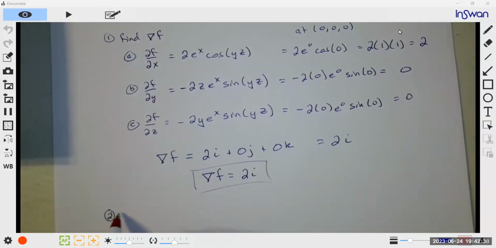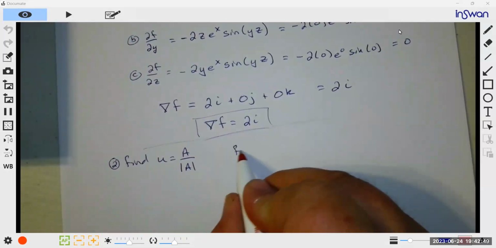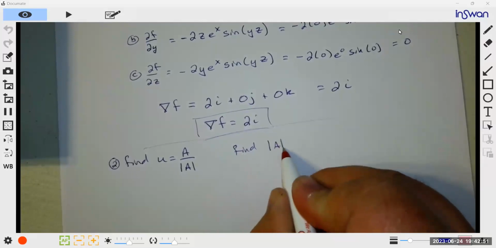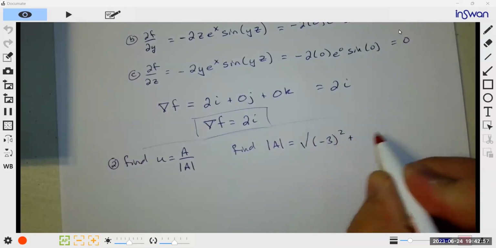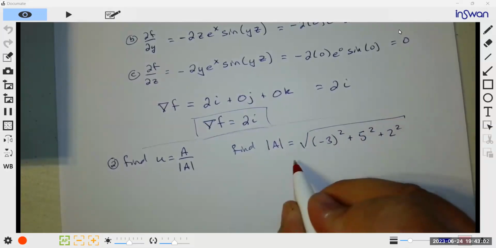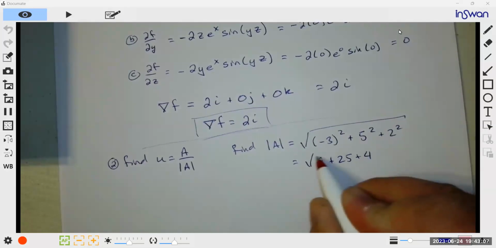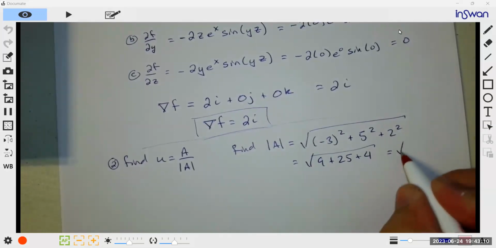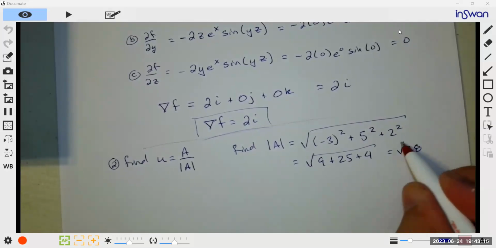Second, find u. So we have to find the magnitude of a, which is -3 squared, 5 squared, 2 squared. 9 plus 25 plus 4 is 38.